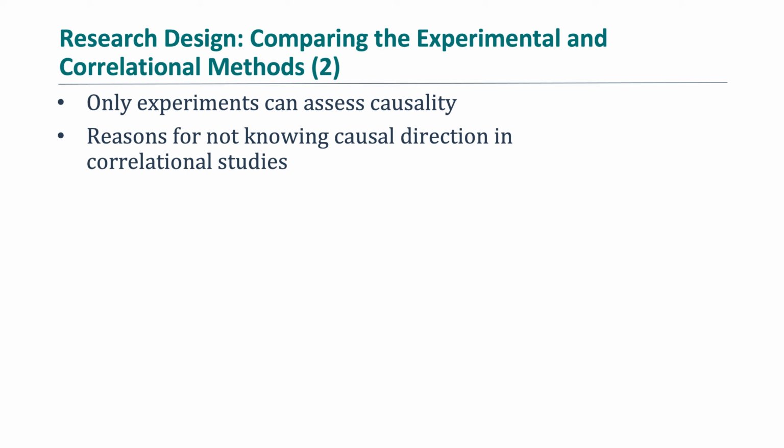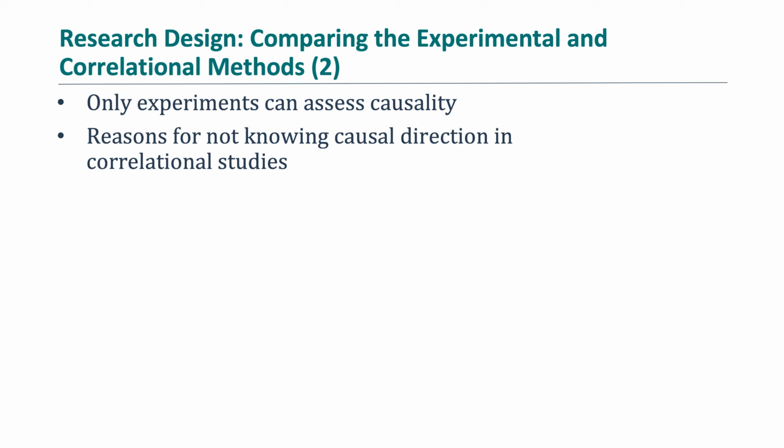You just know that there is a relationship with correlations. With experiments, you can know what caused the other. The reason we can't have a causal direction with correlational studies is because there's a bit of a problem with the interpretation. When we're looking at correlations, again, we're only looking at, are these things related?